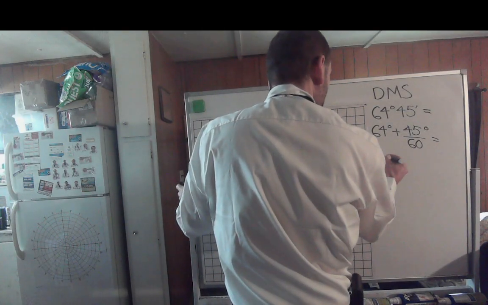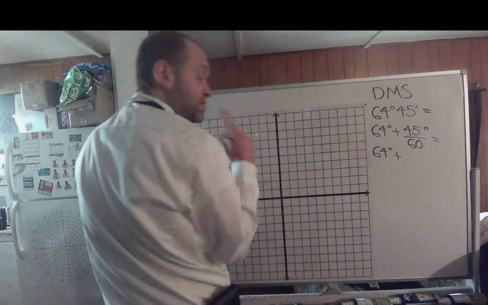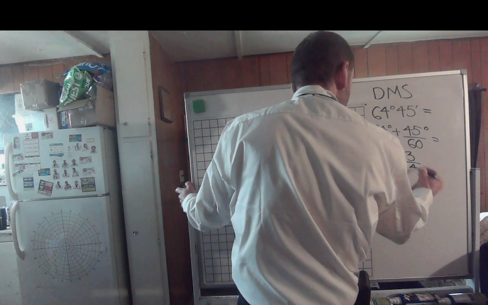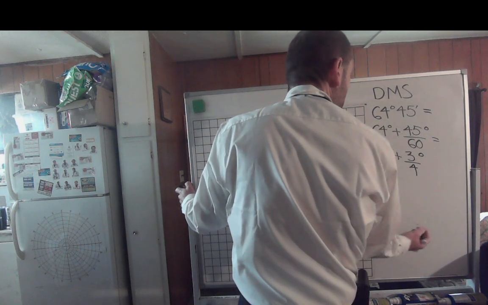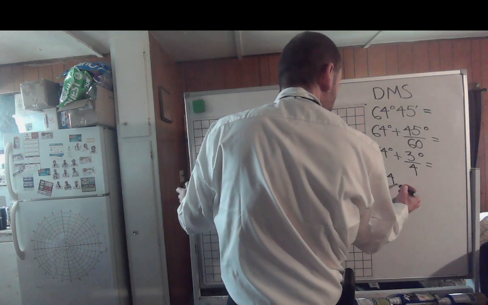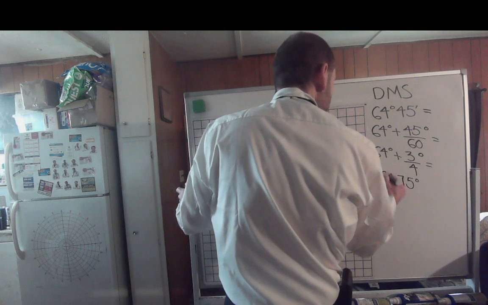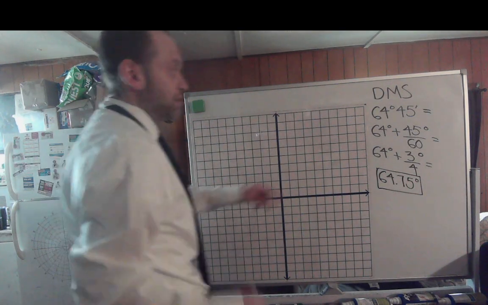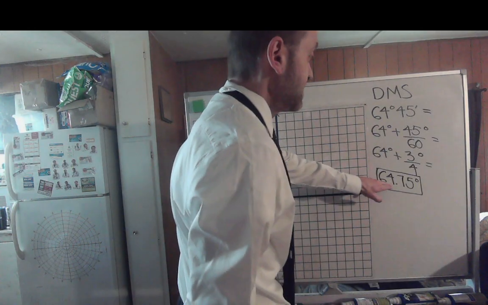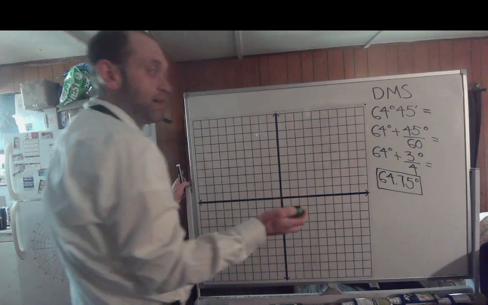So what is 45 out of 60? Well, they both divide by 15, so that would end up being 3/4 of a degree. So this is going to give you 64.75 degrees for 64 degrees and 45 minutes.